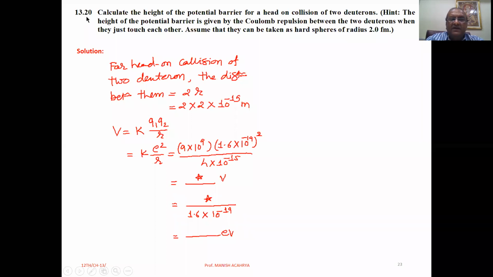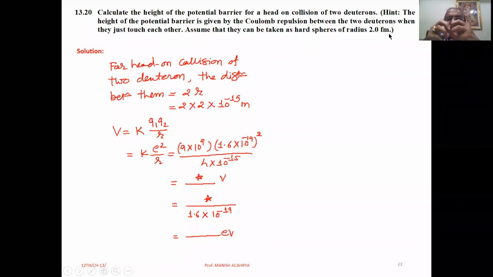Next, 13.20. Calculate the height of the potential barrier for a head-on collision of two deuterons. Hint: the height of the potential barrier is given by the Coulomb repulsion between the two deuterons when they just touch each other. Assume that they can be taken as hard spheres of radius 2 Fermi.